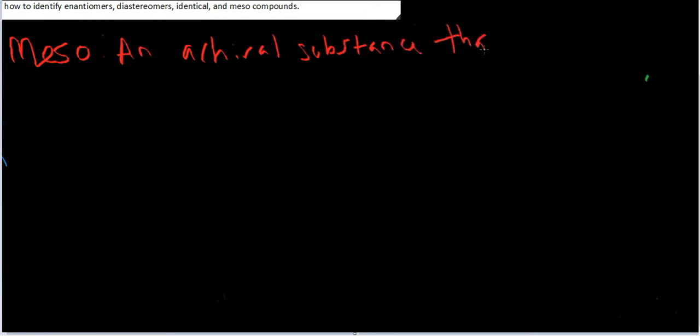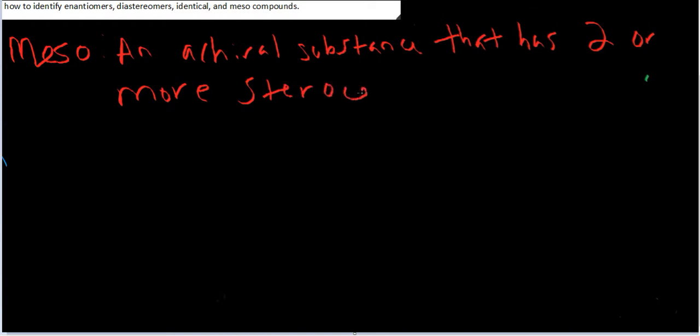Meso is an achiral substance that has 2 or more stereocenters. So I'm sure you know what stereocenters are, and I'm sure you know what chirality is, achiral, and so forth.